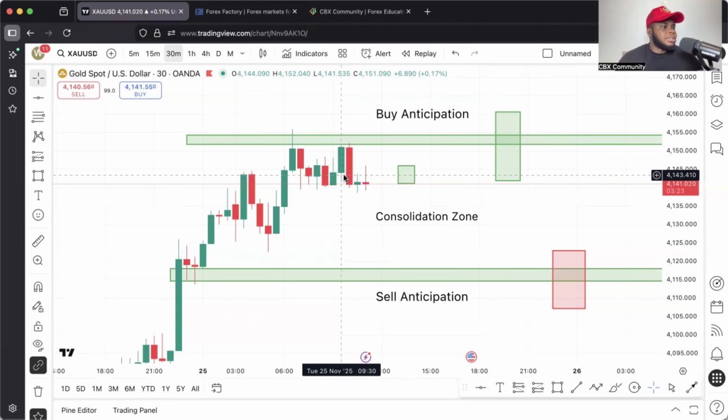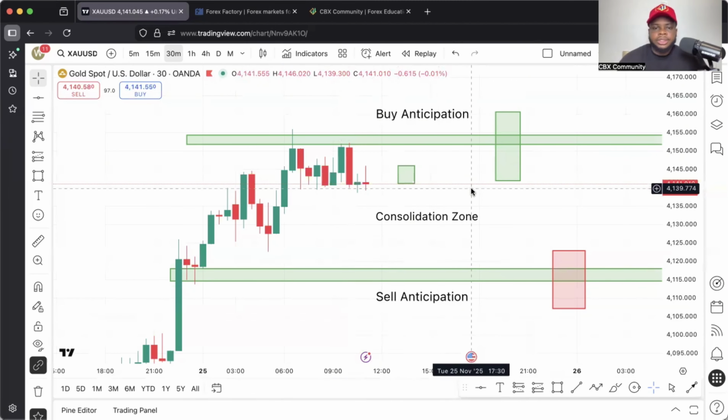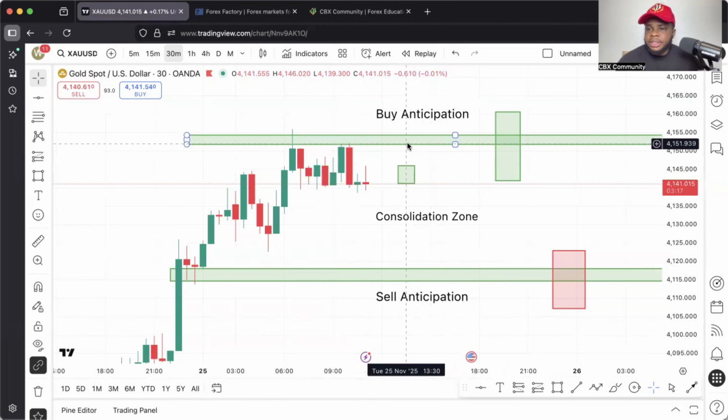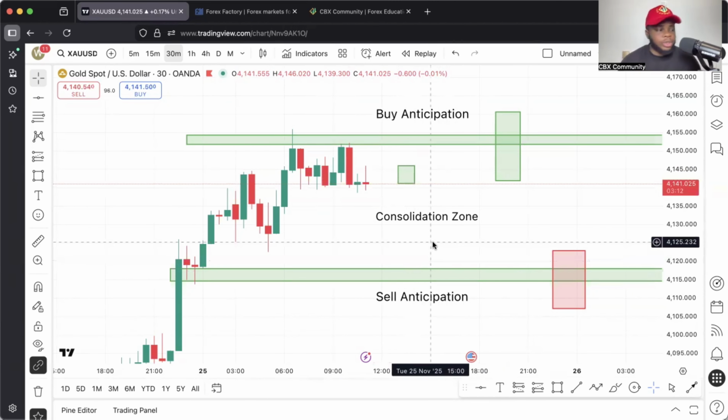We are anticipating very strong volume to come into the market, since this is the London session, for the candle to break our resistance zone or our support zone. Then with our other confirmation, I'm going to tell us if it's the right time to take a position or the right time to chill.